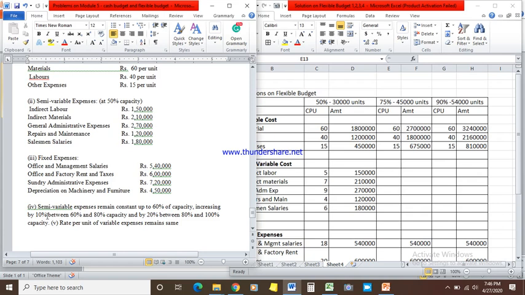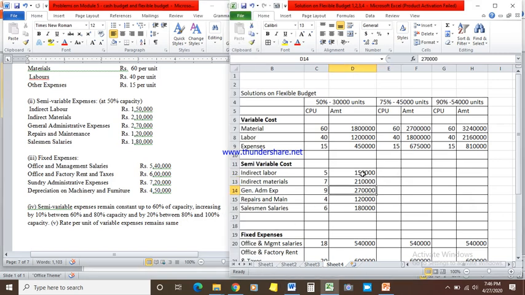semi-variable cost is going to increase by 10% if the production capacity is between 60 to 80%, and it is going to be 20% between 80 and 100%. Now this semi-variable cost we need to increase by 10% when it is 75%, and by 20% when it comes to 90% levels.